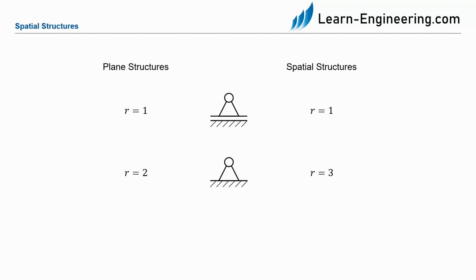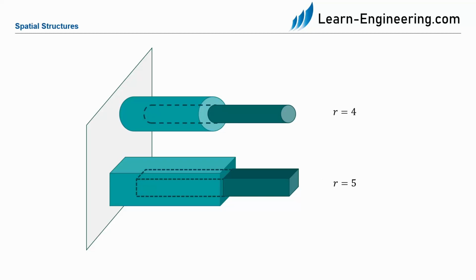As with 2-dimensional structures, the fixed support also absorbs all translational and all rotational movements in three-dimensional structures, so that the support reaction of the fixed support in three-dimensional bodies is equal to 6. Of course, there are exceptions with three-dimensional bodies where the support reactions can be 4 or 5. For example, with a shaft that is stuck in a tube that allows a translational movement and a rotational movement.